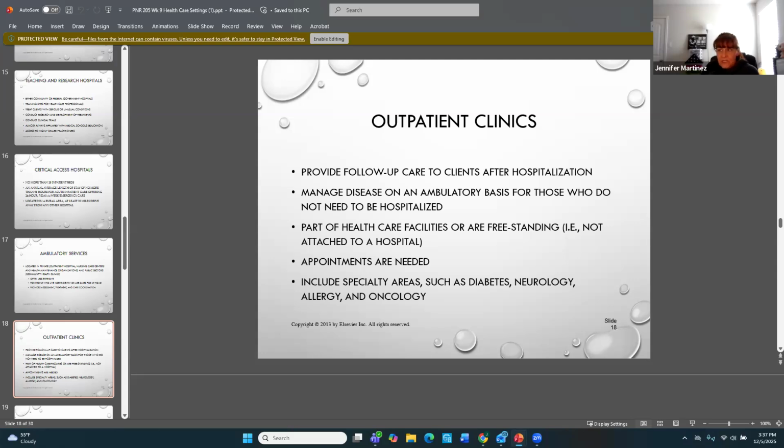So it really depends on the number of specialized clinics, right? It's going to depend on the population and the medical needs within that population. And they still will hire nurses, medical assistants, obviously doctors, nurse practitioners, so a variety of different healthcare team members.